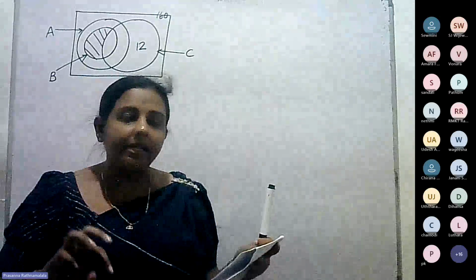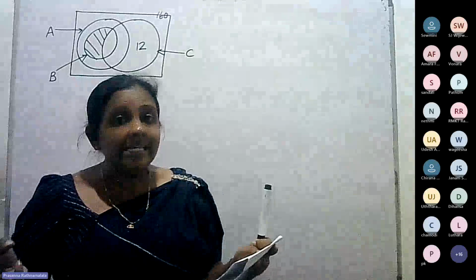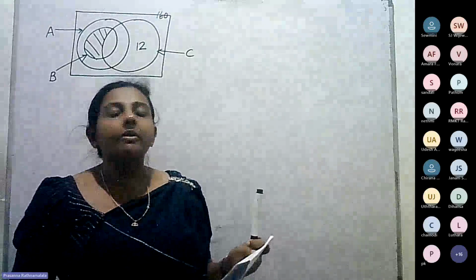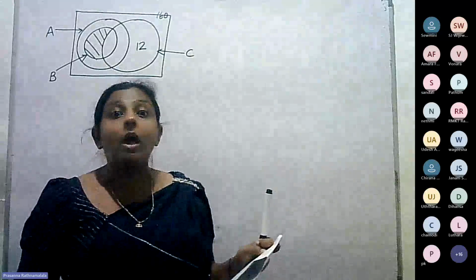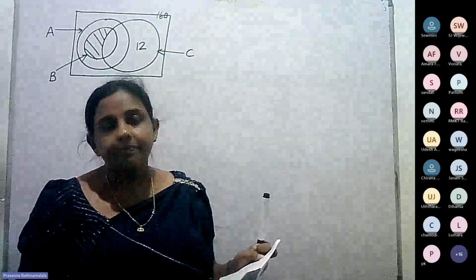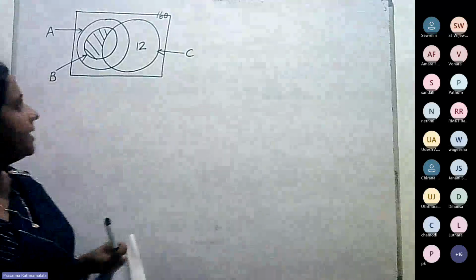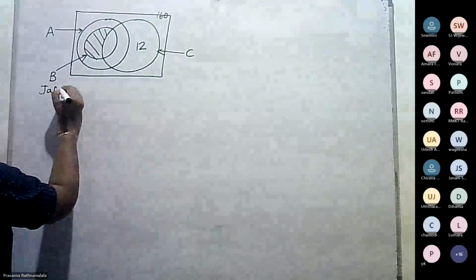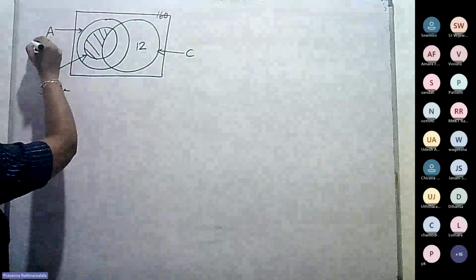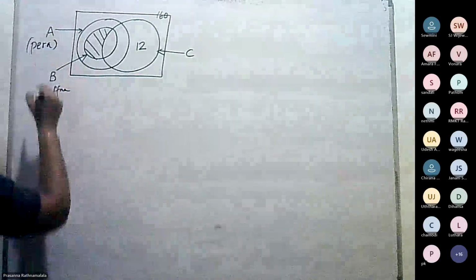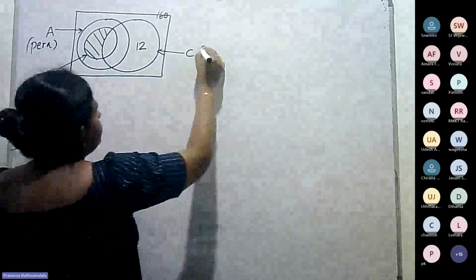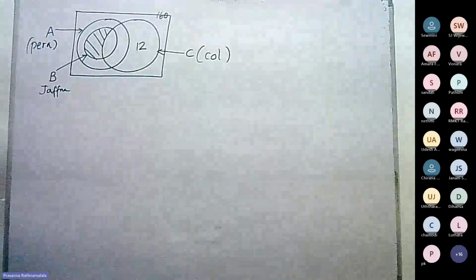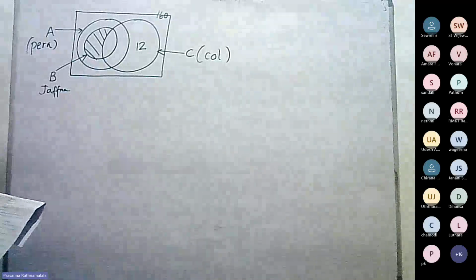The students who applied to Jaffna form a subset of the students who applied to Peradeniya. Now you name this B as Jaffna. This is Peradeniya. This is Colombo.